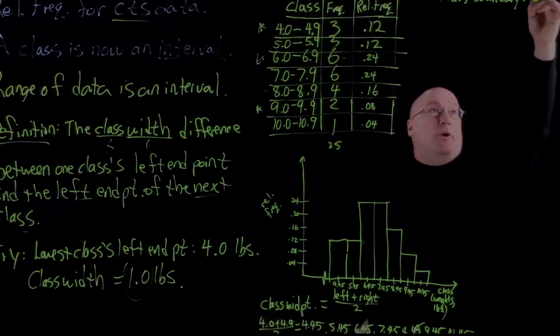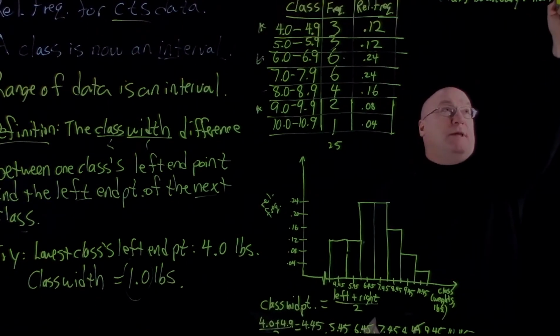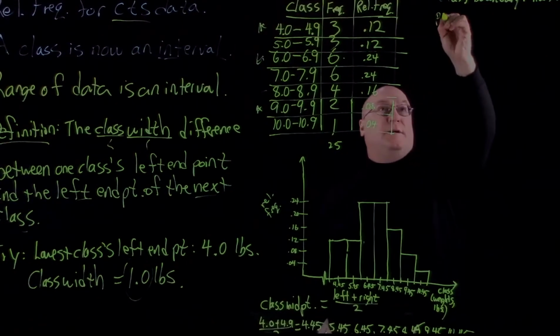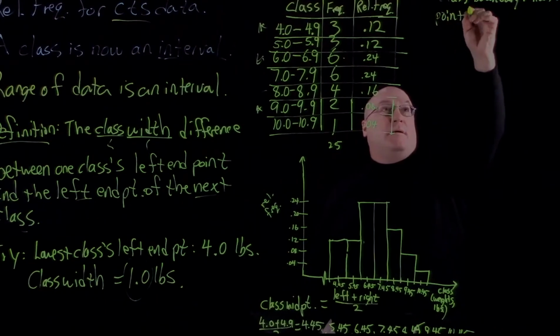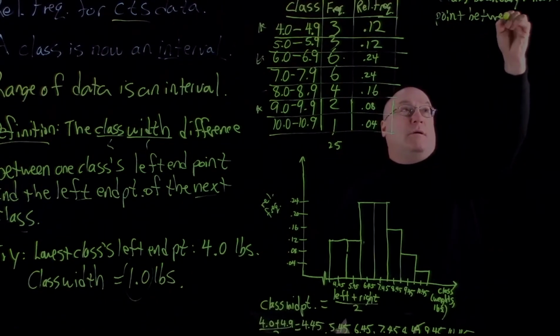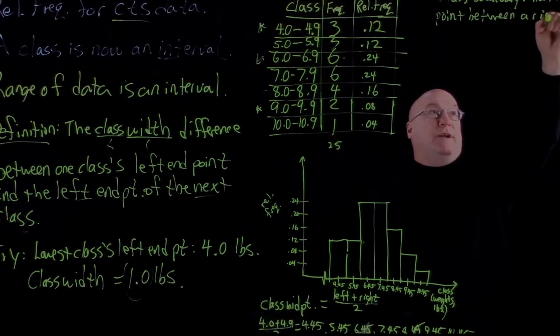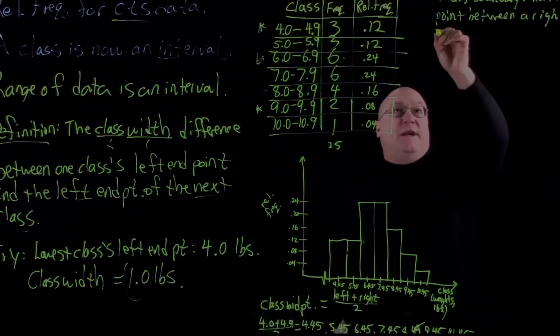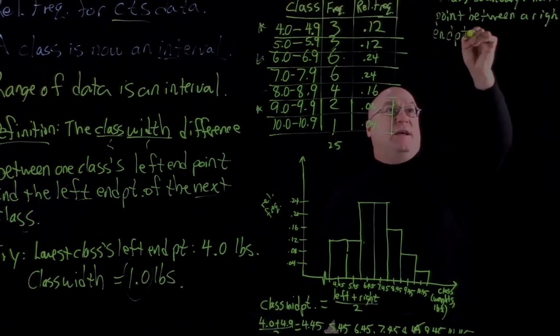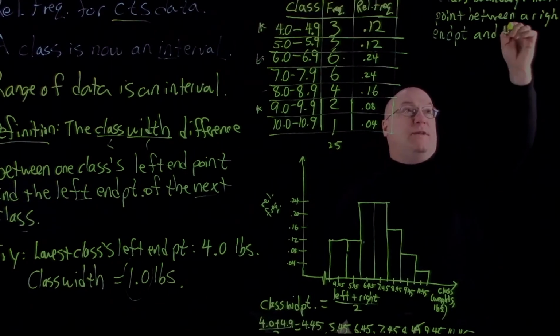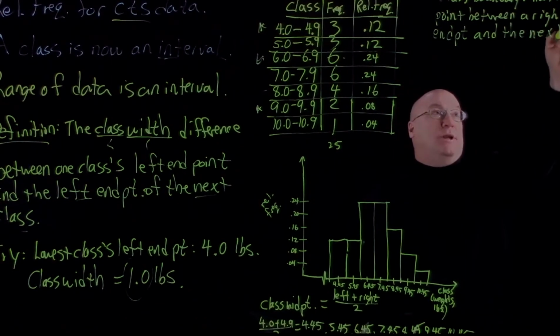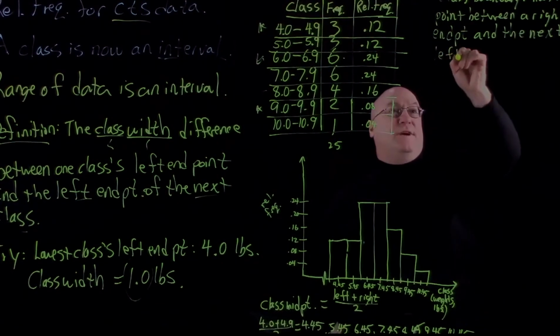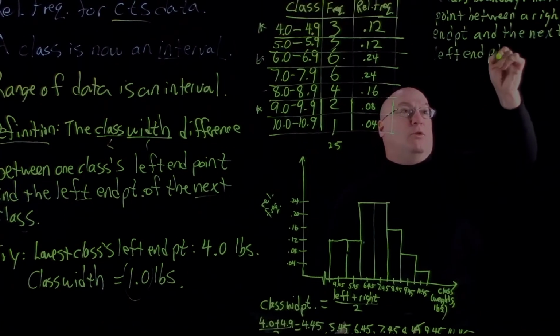That's the halfway point between, I'm going to abbreviate as much as I can here, a right endpoint of one class and the next class's left endpoint. So the next left endpoint.